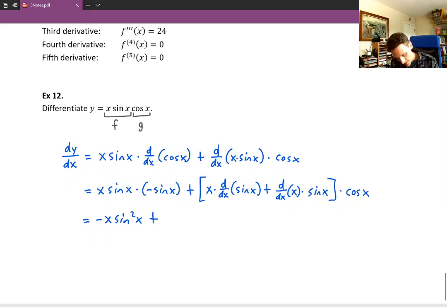We'll put a plus, and then I'm going to reduce these. I'll keep the brackets. So we have x times cosine x. It's supposed to be a times there. And then plus 1 times sine x. Yeah, close bracket.